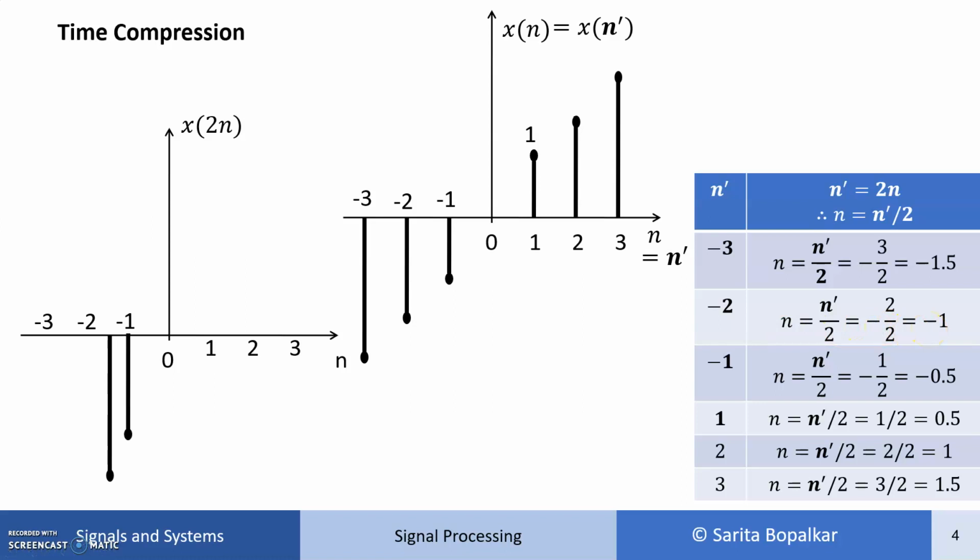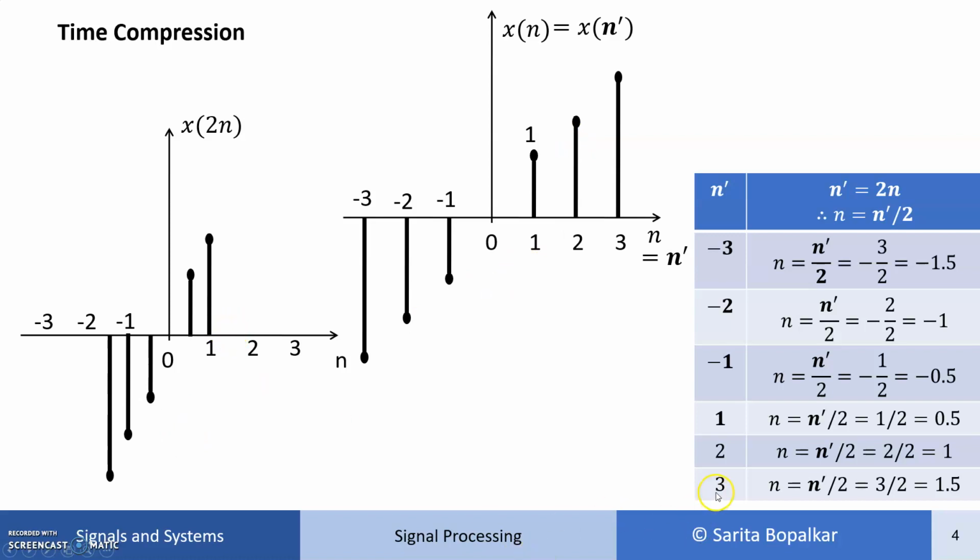Similarly, n dash equal to minus 1 will shift to minus 0.5. n dash equal to 1 will shift to 1 half, meaning n is equal to 0.5. n dash equal to 2, n is equal to 1. So whatever amplitude at n dash equal to 1 will shift to 0.5, and n dash equal to 2 will shift to n equal to 1.